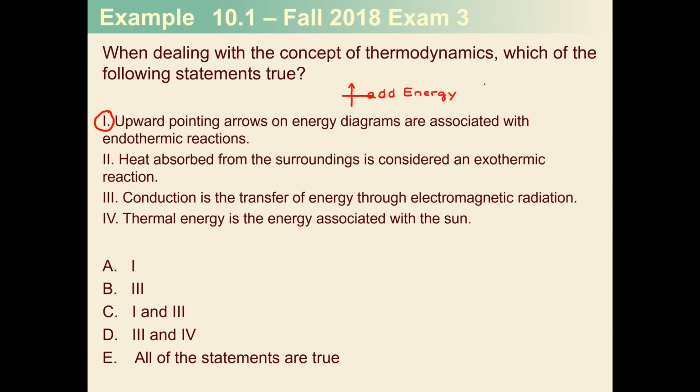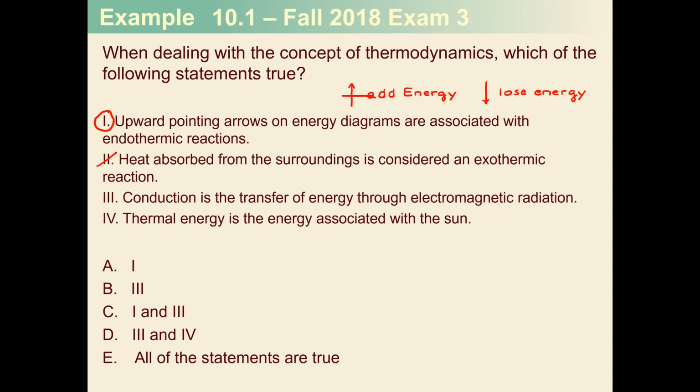If we have downward pointing arrows, we are going to lose energy because our products are going to become more stable. So let's go ahead and look at number 2. Heat absorbed from the surroundings is considered exothermic. That is not correct.